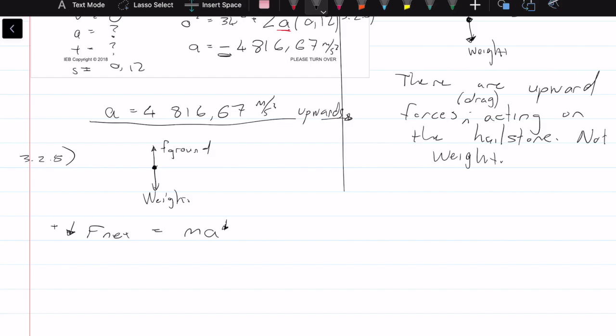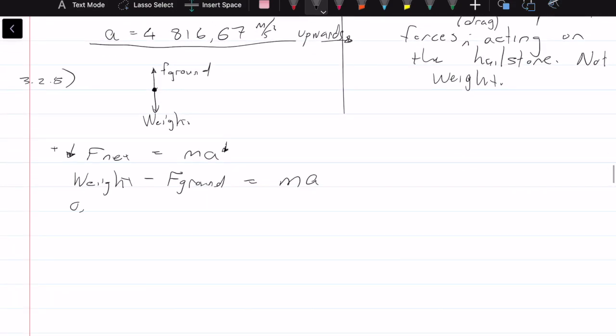F net is the sum of all the forces, so it's going to be weight, which is downwards, which would be positive, minus F of the ground, is equal to the mass times the acceleration. So we know what the weight would be. We know the mass was 0.7 times 9.81 minus F of the ground is equal to the mass, which is 0.7 once again, times the acceleration.